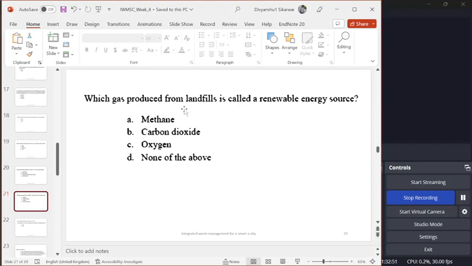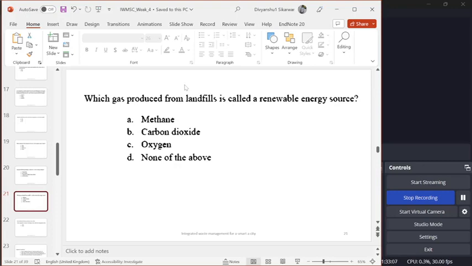In some sense we're using it as a fuel, so we are reducing the amount of fuel production, but it can't really be qualified as renewable.